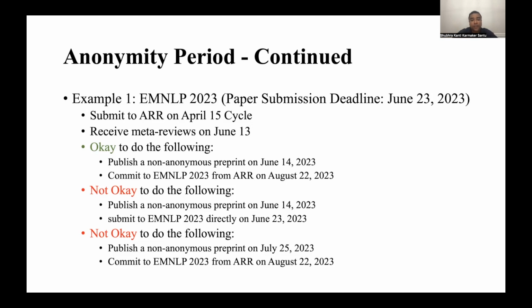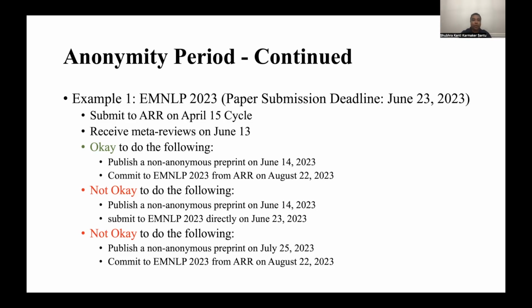But what is not okay to do is you publish a non-anonymous preprint on June 14 and then submit to EMNLP directly on June 23rd. That violates the anonymity requirements for the EMNLP direct submission.